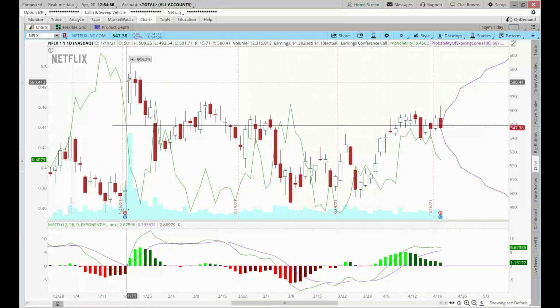What works best for your stock, historically speaking, and use that information to help guide you in making decisions on what trade you're going to put on for today's earnings event or whatever the case might be.